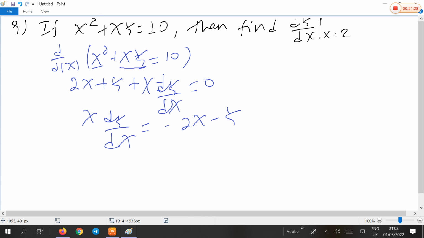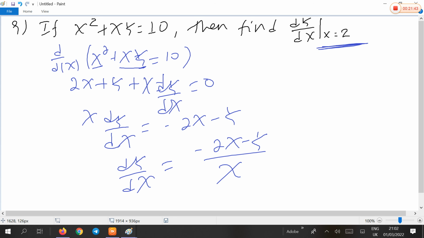Then divide both sides of the equation by x, then dy by dx will be minus 2x minus y over x. So we can substitute x is equal to 2. So it will be minus 4 minus y over 2.